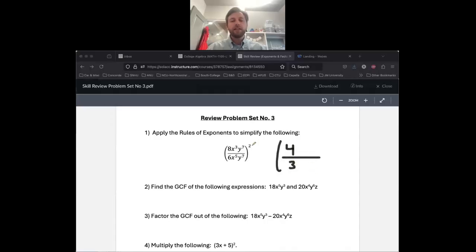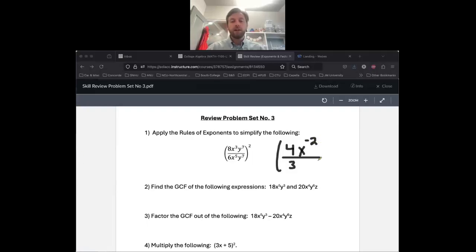Then you look at the x's, and one thing you can do is to apply the quotient rule. If you do that, the x goes in the top, and then you do 3 minus 5. But that 3 minus 5 ends up becoming what? 3 minus 5 is negative 2.